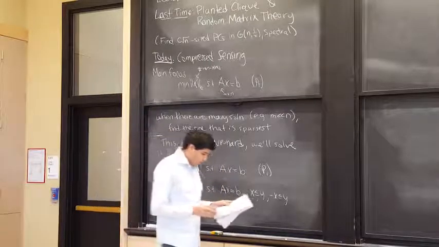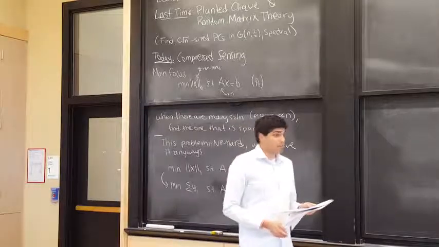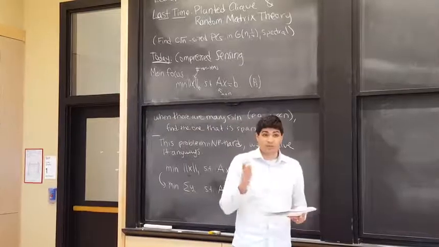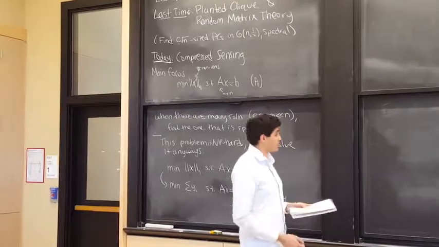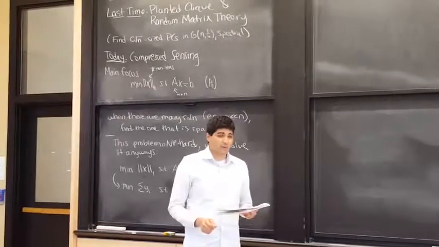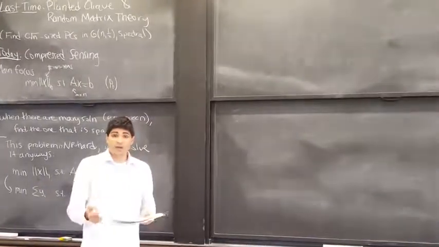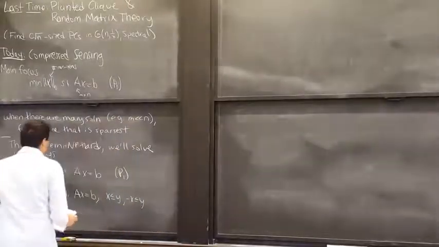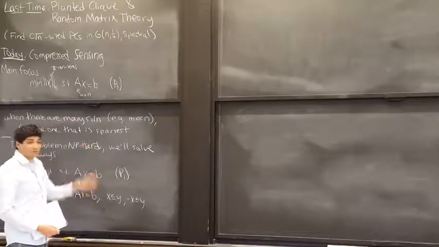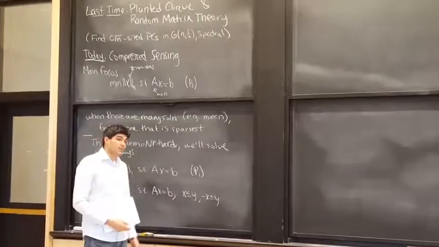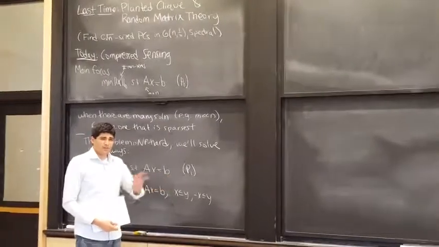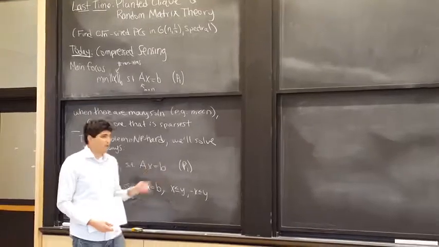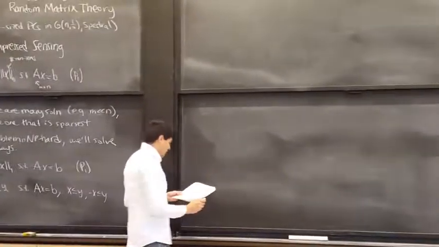So I want to give you a little bit of background about compressed sensing. There's an important term which you should definitely learn en route to these results, which is called the restricted isometry property. So I'm going to tell you what that property is and what are some results that actually show that under those conditions, P1 really does solve what P0 is trying to solve. But we're going to take a different approach than usual. We're actually not going to use RIP. We'll use something related to it.